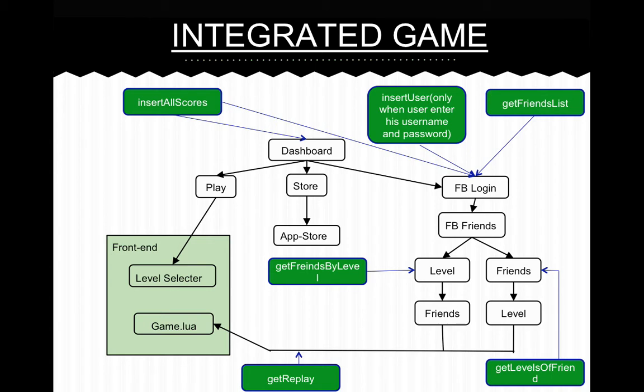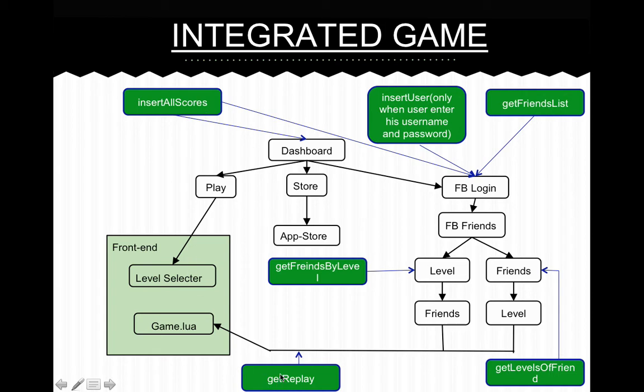This is how the integrated game is looking as of now, from the backend point of view. The green part over here is the front end code, and game.lua is the main file of interaction for running the game for the front end teams. The green boxes that you can see are all the web service calls being made.